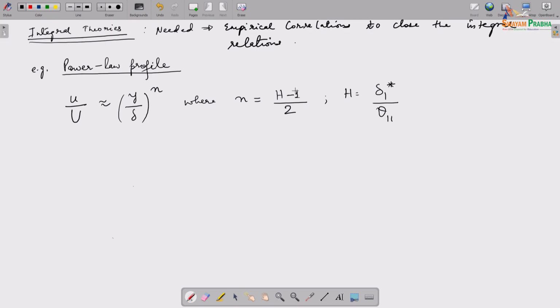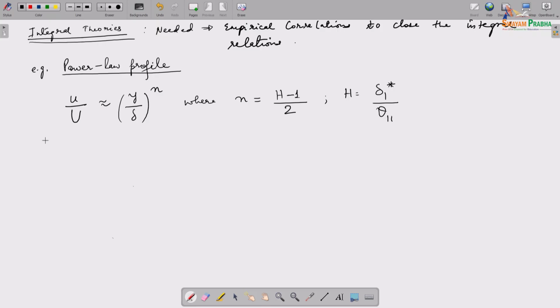Delta 1 star is the displacement thickness in the x direction, and theta 11 is the momentum thickness, also in the x direction. We wrote down integral equations for these.